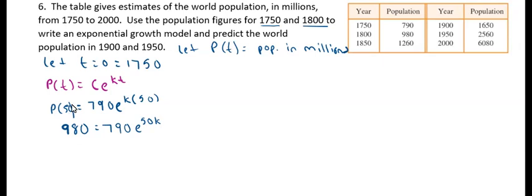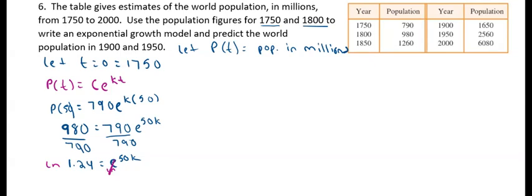So the first thing we should do is some division. If we divide both sides by 790, then we're going to get 1.24 is equal to e to the 50k. Then in order to get the k out of the exponent, we need to take the natural log.